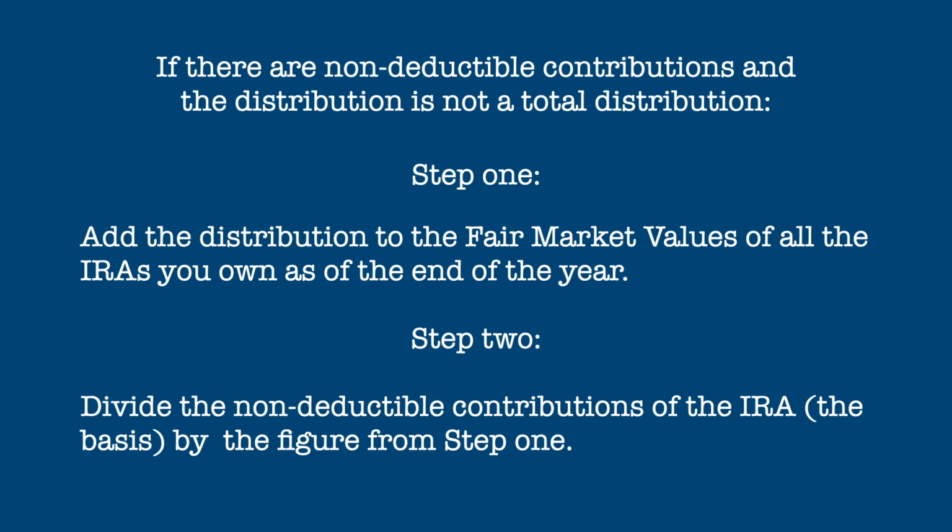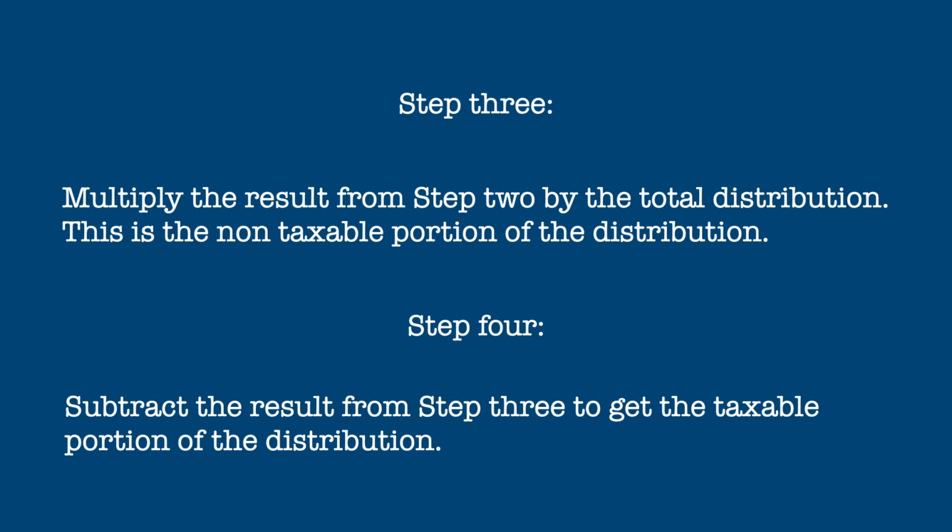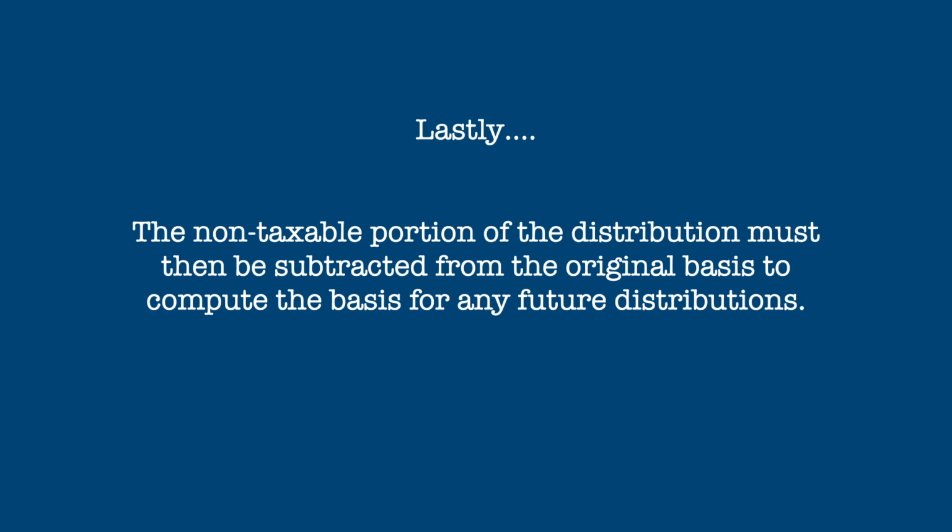This will result in a fraction. Step 3. Multiply this fraction by the whole distribution to arrive at the non-taxable portion of the distribution. Step 4. Subtract the non-taxable portion of the distribution from the whole distribution to arrive at the taxable portion of the distribution. And lastly, subtract the non-taxable portion of the distribution from the original basis to arrive at the basis for any future distributions.